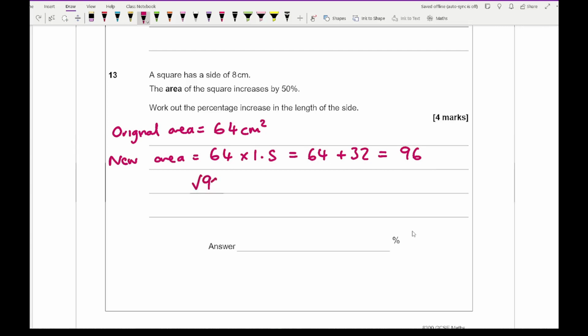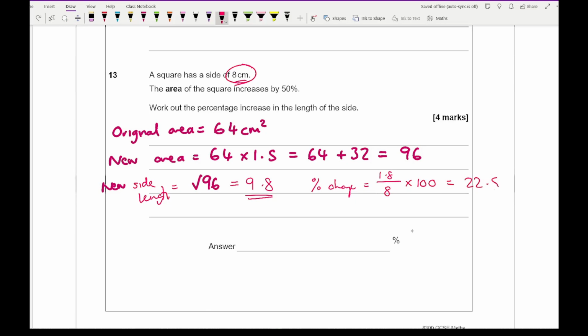The new side length is going to equal the square root of 96, which is 9.8. Then working out the percentage change, it's the difference between the lengths, which is 1.8, divided by the original, which is 8, multiplied by 100, and I get an answer of 22.5.